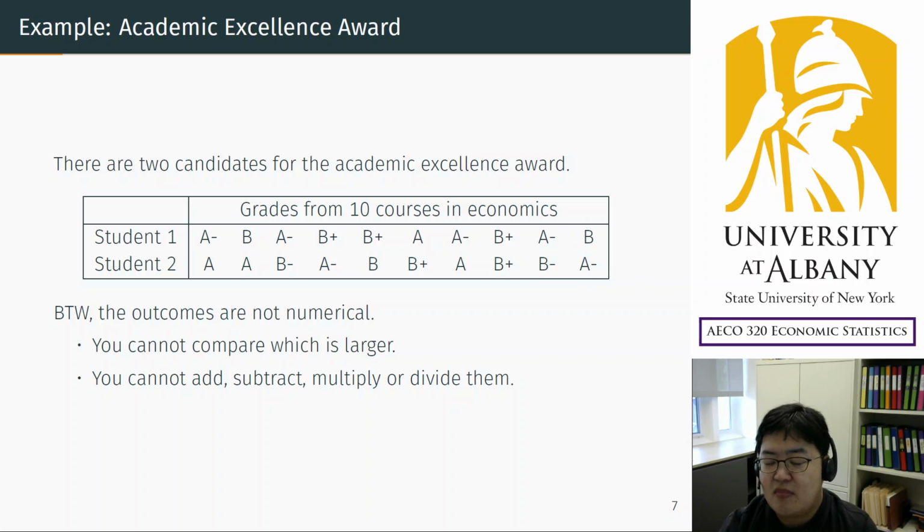So these are your data. You have to make a decision based on those observations. By the way, the outcomes are not numerical. Even though you can compare A and B, they are not numbers.